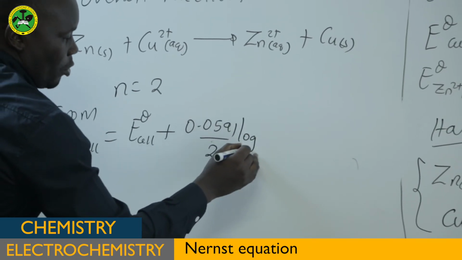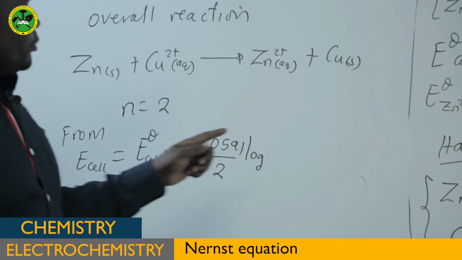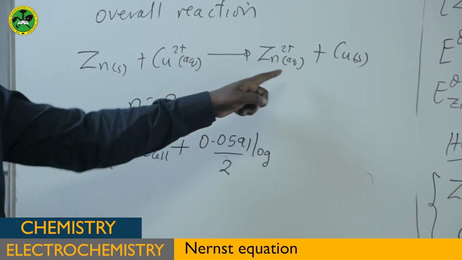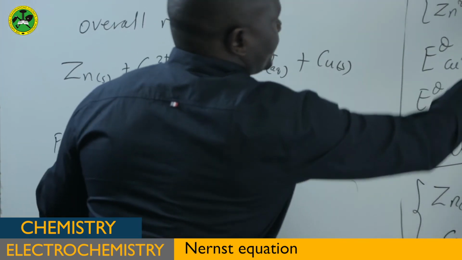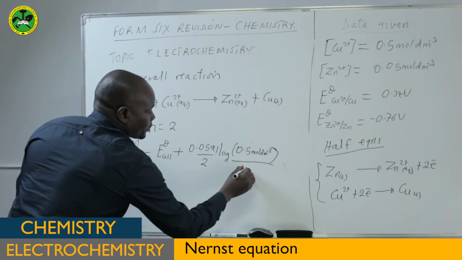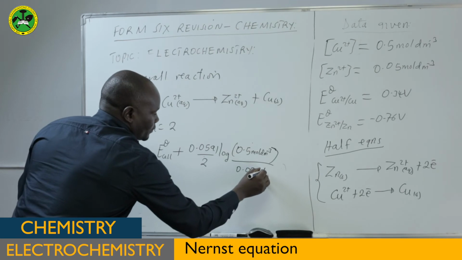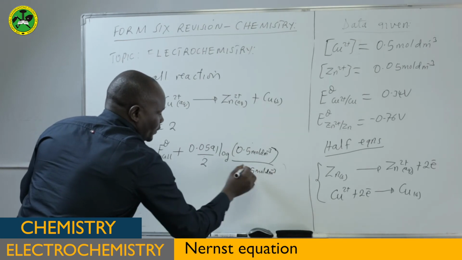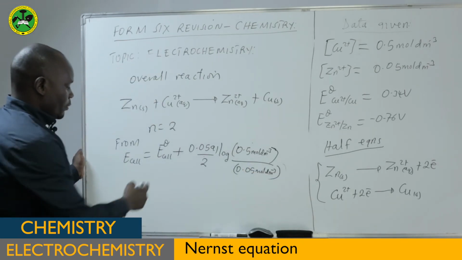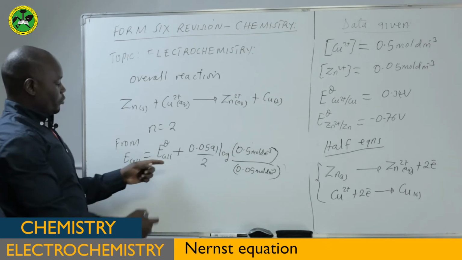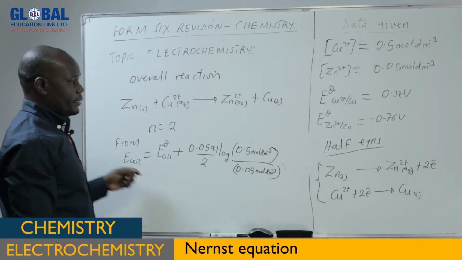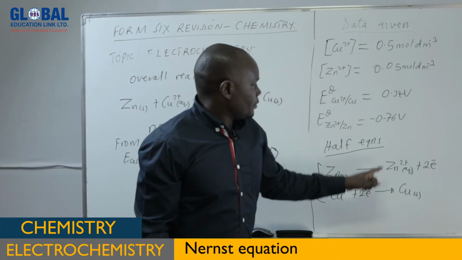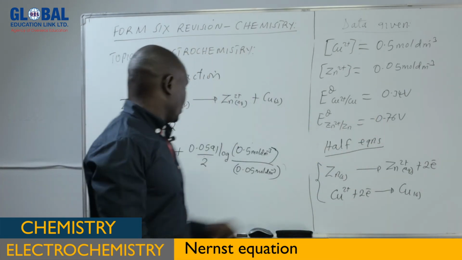This will be divided by the concentration of zinc, which is the oxidized species, 0.05 moles per decimeter cubic. Now the E of a cell is equal to E cathode minus E anode, and E cathode here is copper.